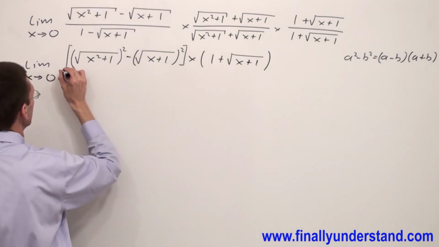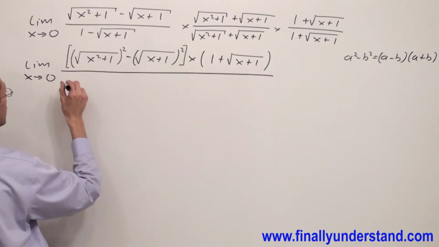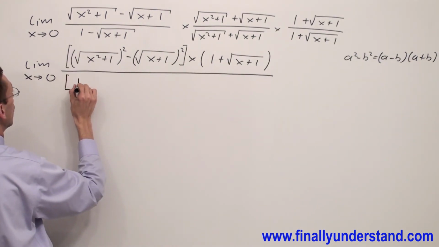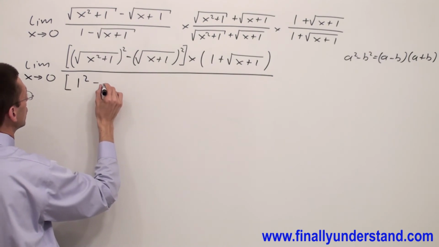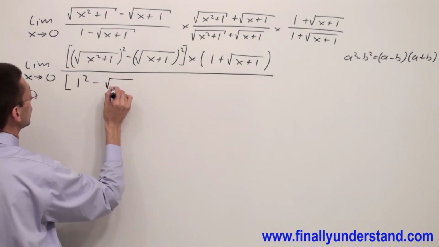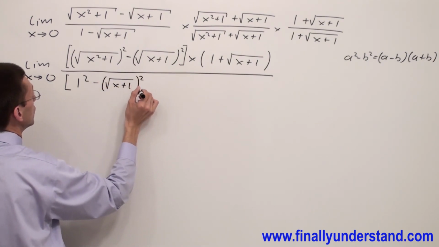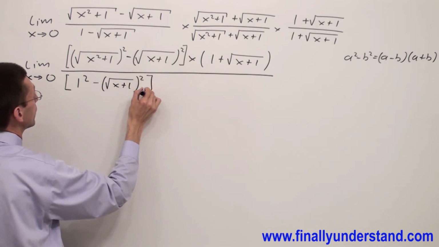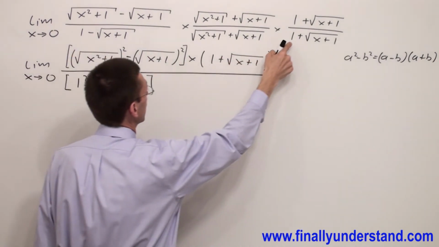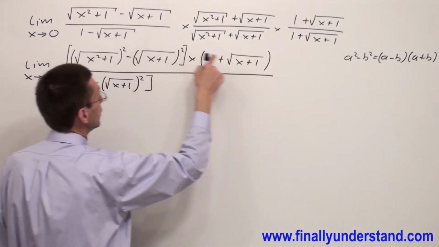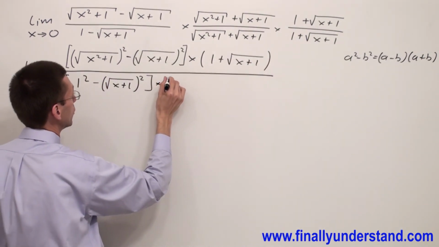This is my numerator, and in the denominator I'm going to have 1 squared minus square root of x plus 1 to the second power. Okay, because this is my a, and this is my a, this is my b, and this is my b, times whatever is left.